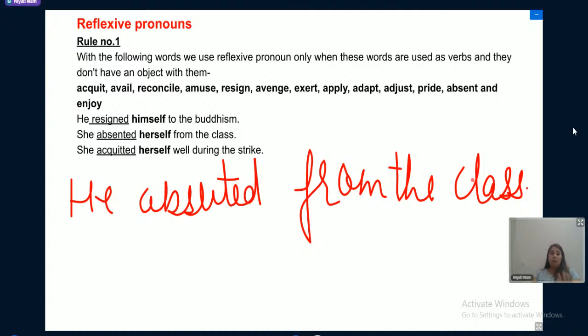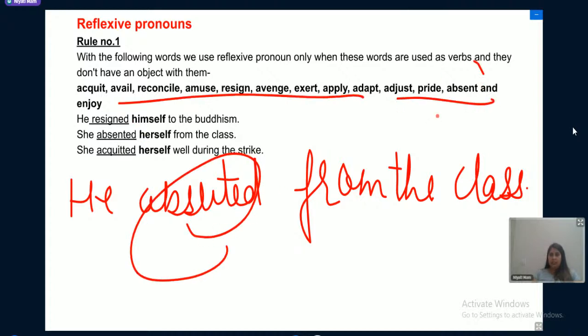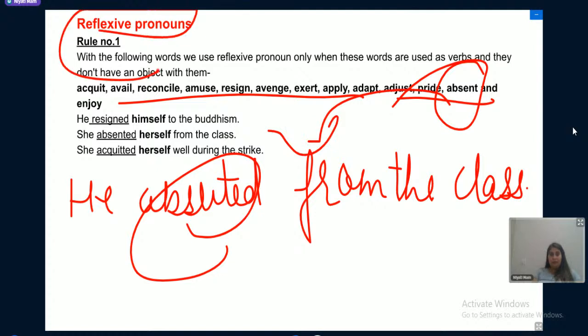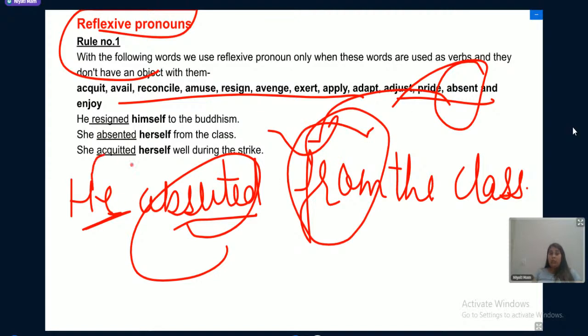Is this word available in this list? Yes, it is here, which means it needs a reflexive pronoun after it. He is the subject here, absent is the verb here, from is the preposition here. So according to he, what reflexive pronoun will be used?